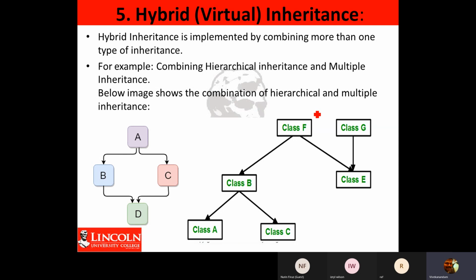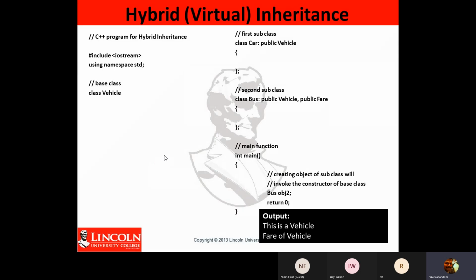In the image below, see, two multiple inheritances, one class divided into two classes, then another base class divided into two classes. All of these classes we call a hybrid inheritance. Now I hope you understand, guys.